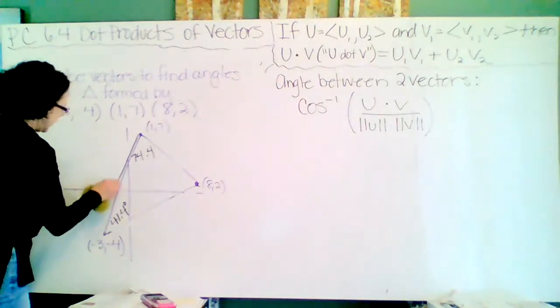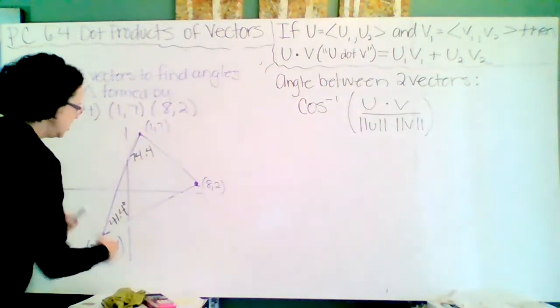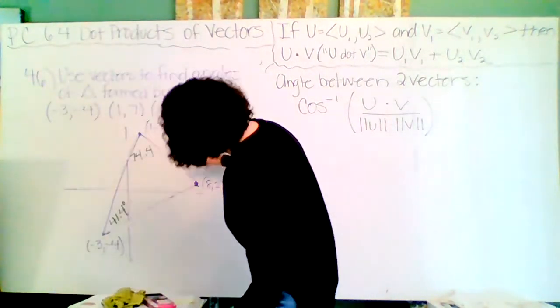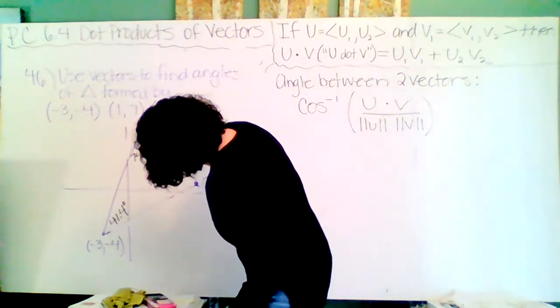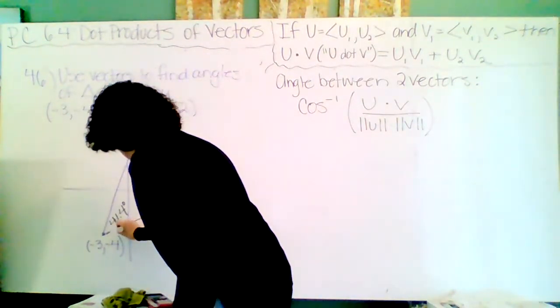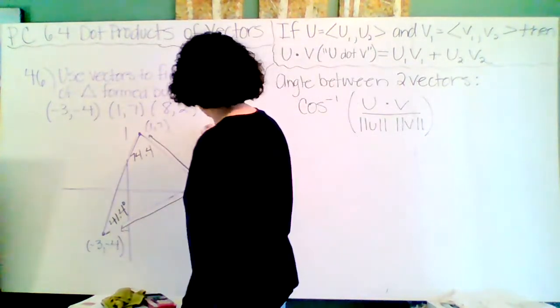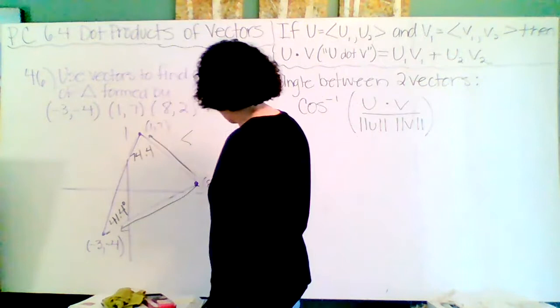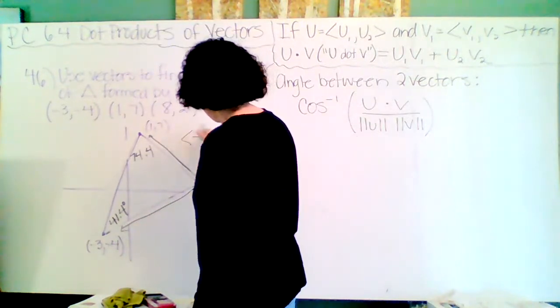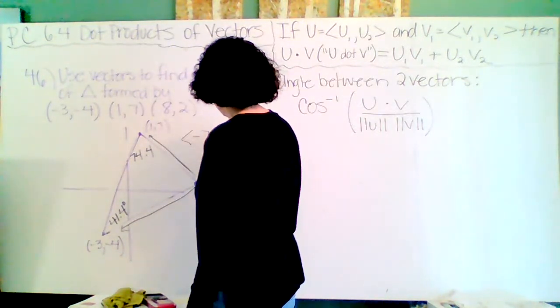Last angle. Let's find the angle at the vertex 8, 2. Let's write these vectors in component form. So 1 minus 8 is a negative 7. 7 minus 2 is 5.